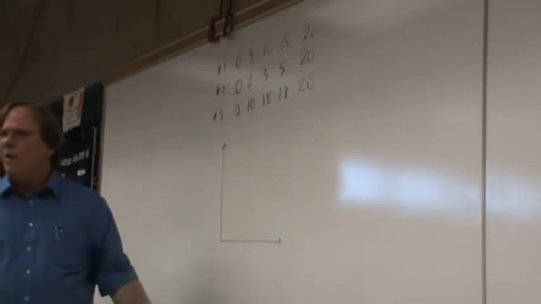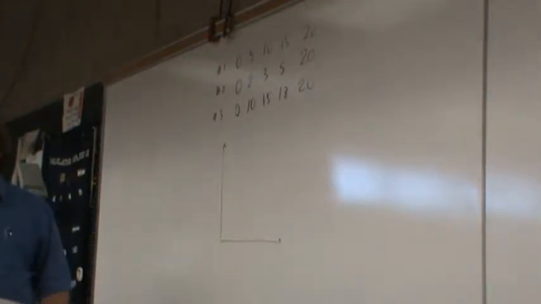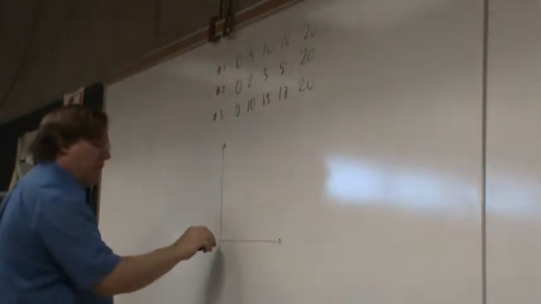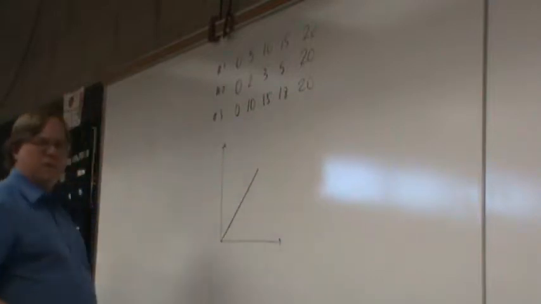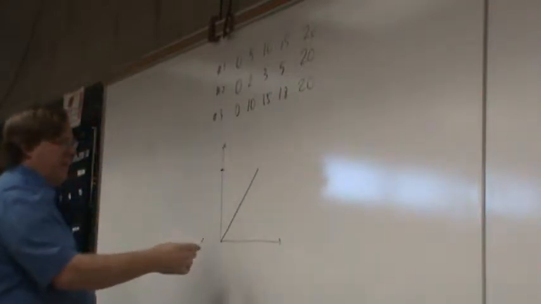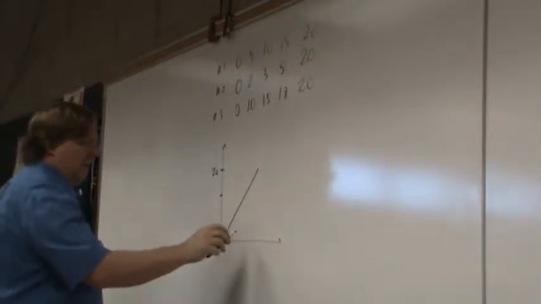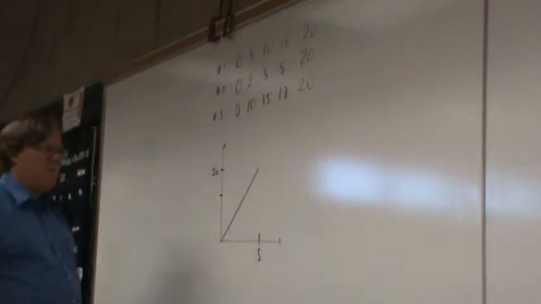You guys get that. Well, we can do the same thing with the graph of a function. What if I had a function whose graph looked like this? Okay? And let's say this is 20, alrighty, and this is 5.